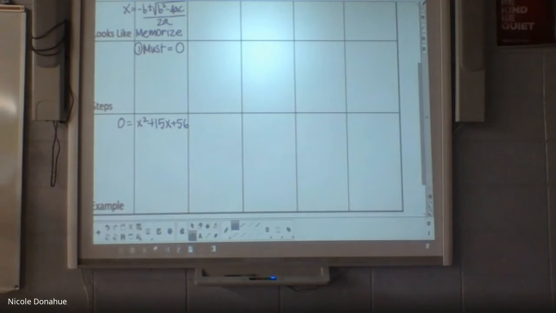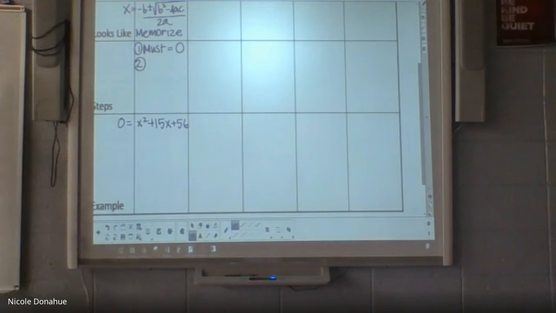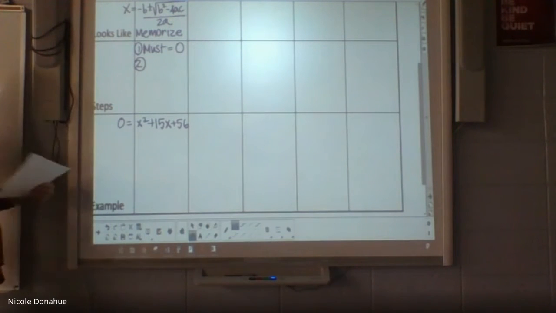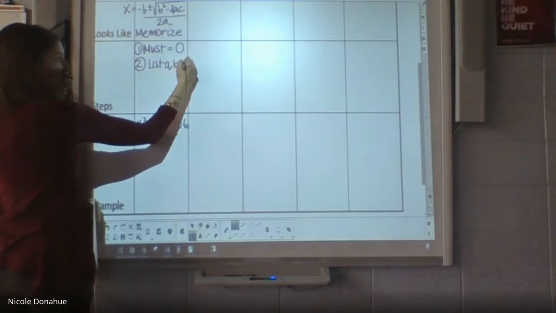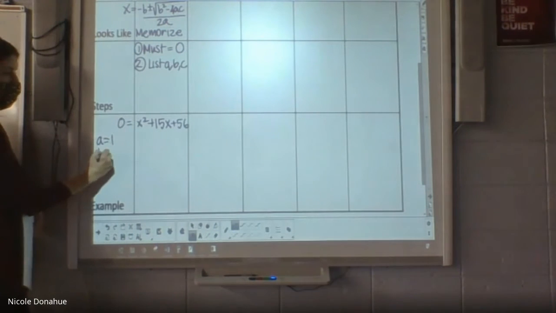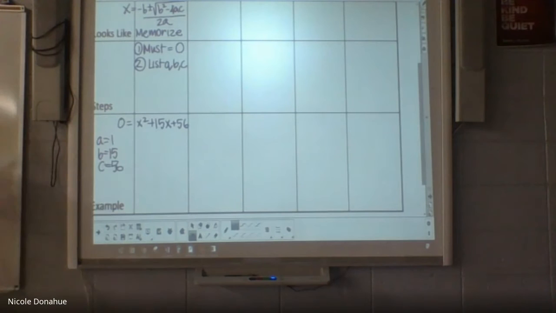I like to list A, B, and C. That helps me grade your test better so that I know what A, B, and C you're talking about. So let's say you wrote down the wrong B. If you use that throughout the problem, and I know what B you were using, it helps me give you some partial credit. So we're going to list A, B, and C. A is 1, B is 15, C is 56 in this case.